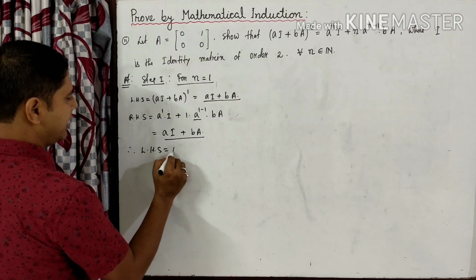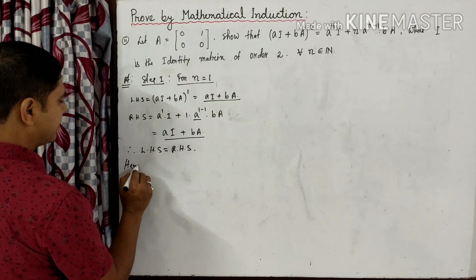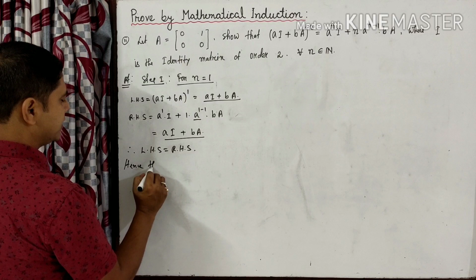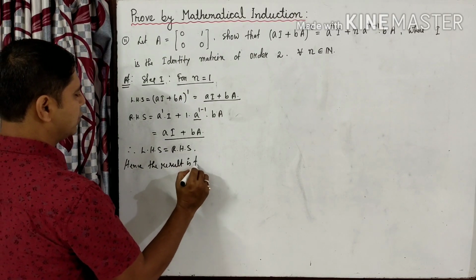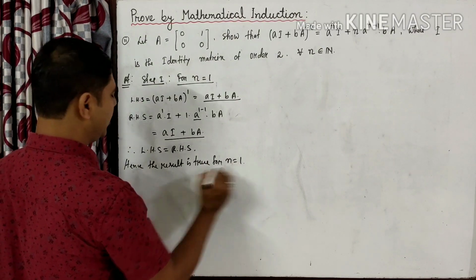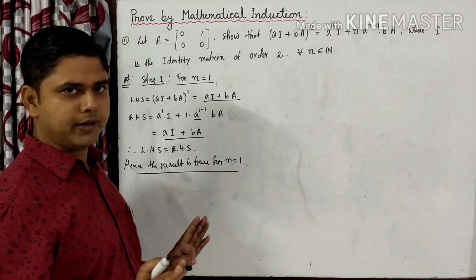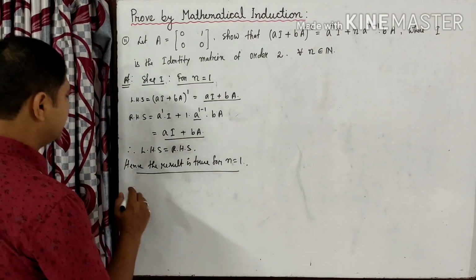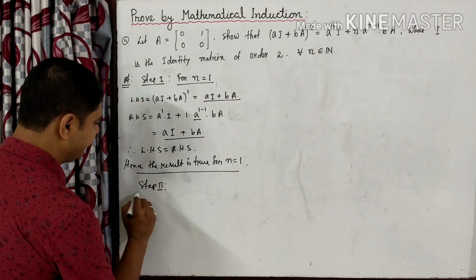Therefore, left hand side equal to right hand side. Hence, the result is true for n equal to 1. First step is already completed. Now we consider the second step, step 2.